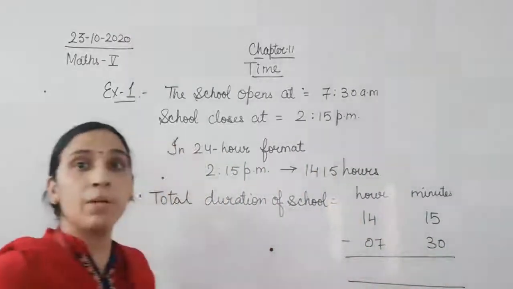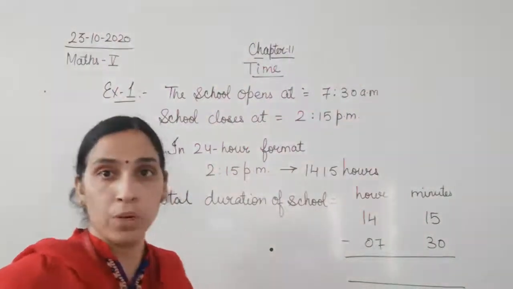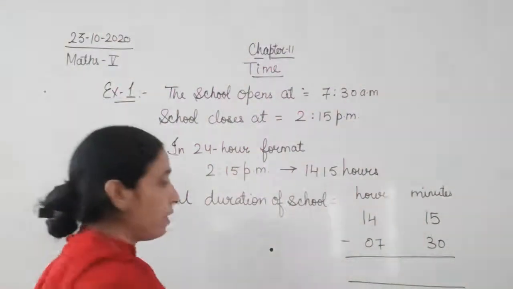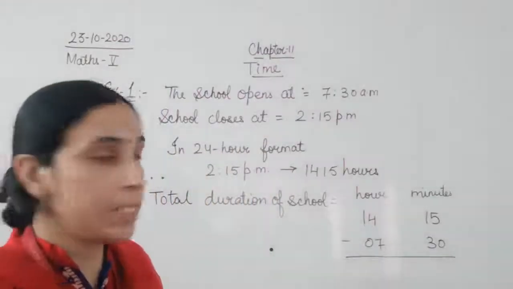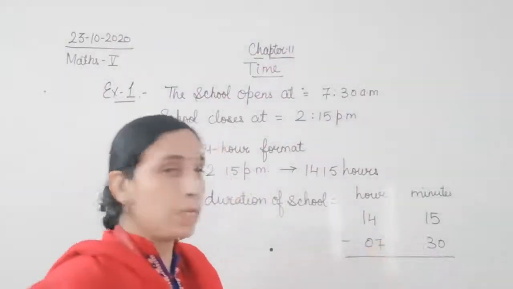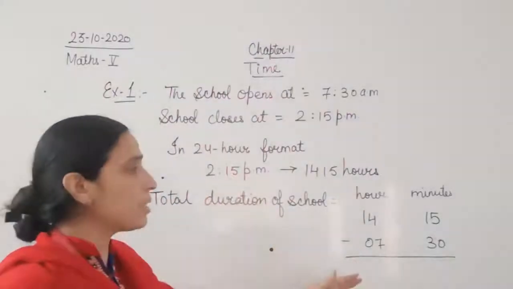Now you will understand why this subtraction is very important. From 15 we cannot subtract 30. So let us understand till here, and after that we'll do the subtraction.